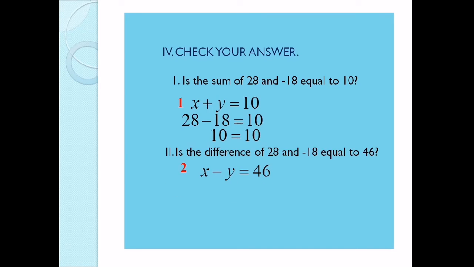That is x minus y equals 46, that is 28 minus negative 18 equals 46. So negative times negative is positive. So 28 plus 18 equals 46. 46 equals 46. So therefore, our answer is correct. The larger number is 28 while the smaller number is negative 18.